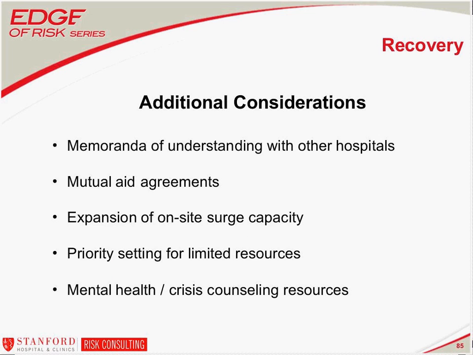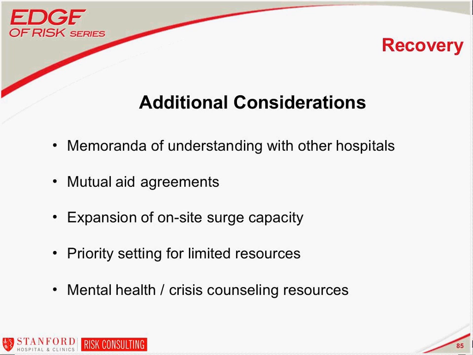In closing, I'd like to end with some additional things you might consider in preparation for an active shooter event. Memorandum of Understanding and/or mutual aid agreements with other hospitals may assist your facility to cope with and to continue your operations. Expansion of on-site surge capacity and priority setting for limited resources may give your hospital the capacity to effectively treat the likely influx of patients and continue your service to existing patients.